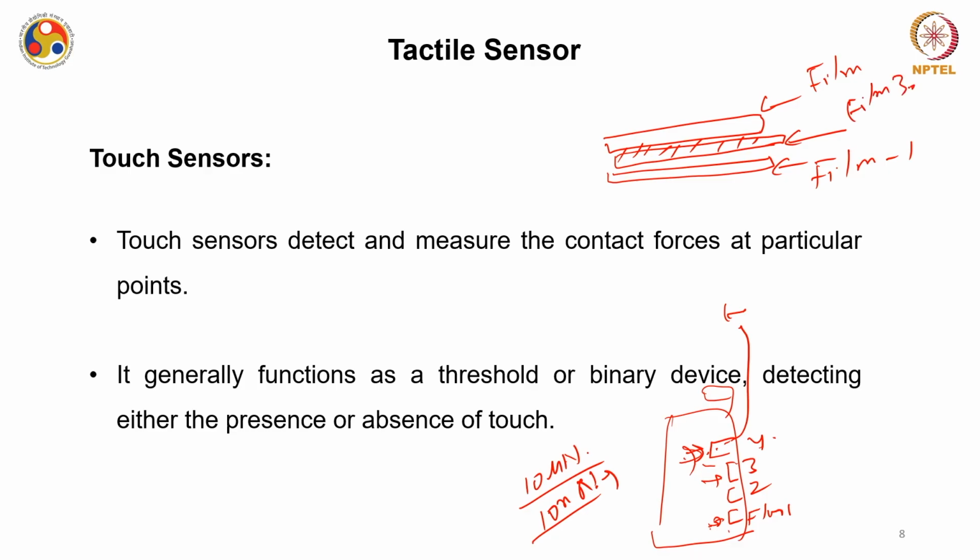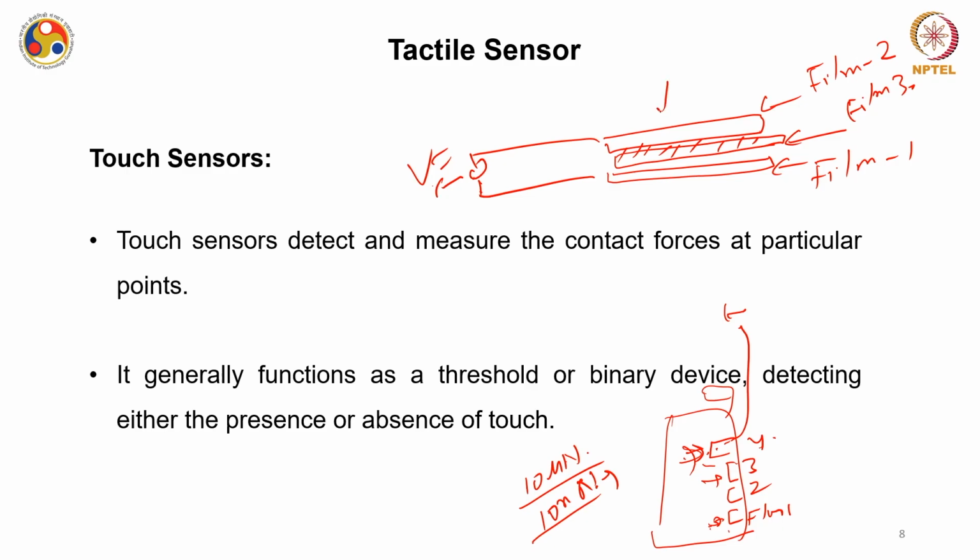Now I told you that there is some initial voltage between these two films, film 1 and film 2. There is already a voltage between them, and I am continuously monitoring that voltage.